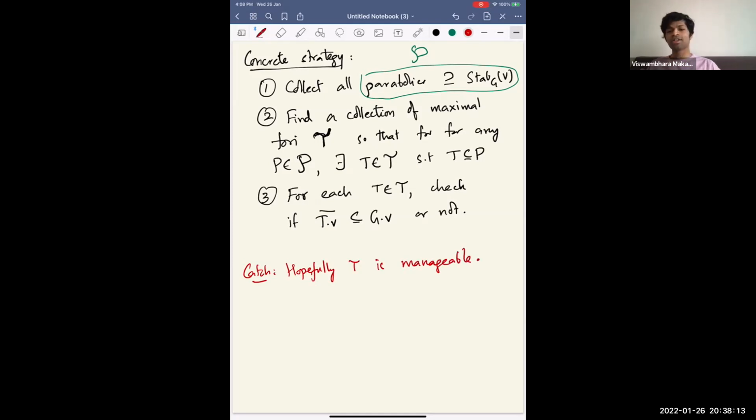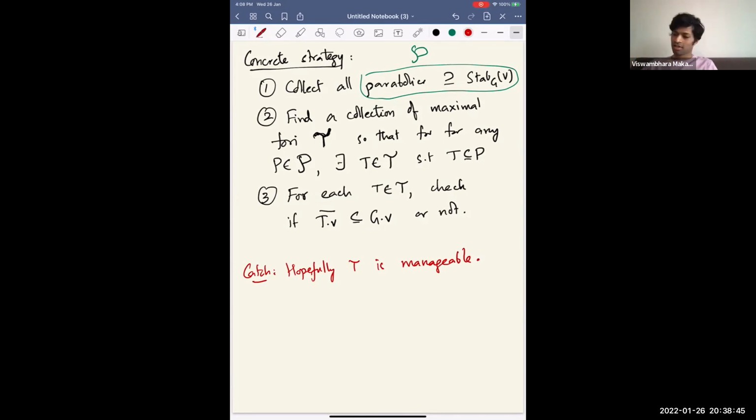So this is also where, for example, the fact that the stabilizer is non-trivial, or the fact that the point has symmetries, comes up. Because if the point had no symmetries, then the stabilizer is going to be trivial, and then in the first step I basically have to look at all the parabolics. And if I have to look at all the parabolics, then I've really not made my life any better, because there's nothing that I can cut down from the most naive form of the Hilbert-Mumford criterion.